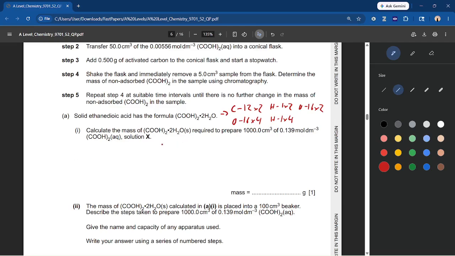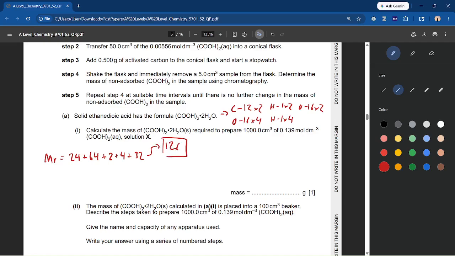So basically the MR is 24 plus 16 times 4 is 64, I'm pretty sure. Yeah, 64 plus 2 plus 4 plus 2 times 16 is 32. So this MR comes out to 126. So we have the MR calculated.